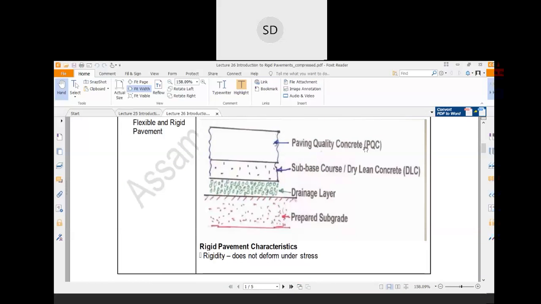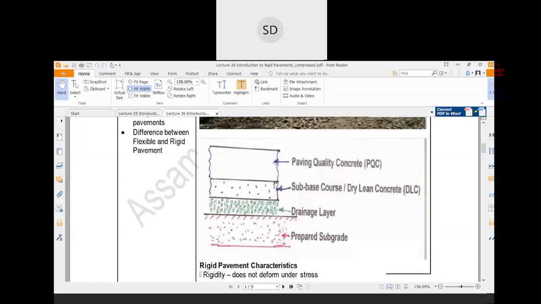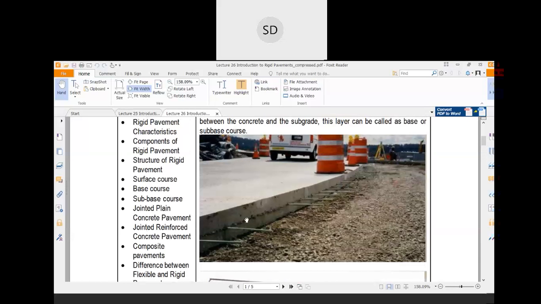First one is paving quality concrete, that is, the cementitious material over the top surface. Now this surface can be either plain cement concrete or reinforced cement concrete.